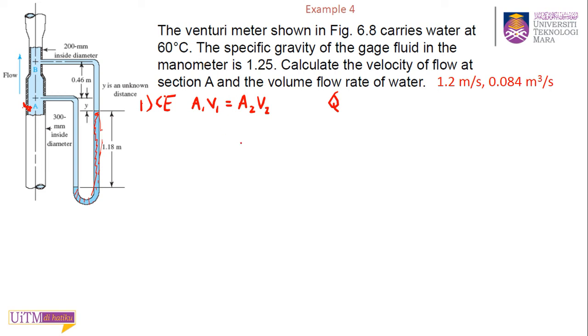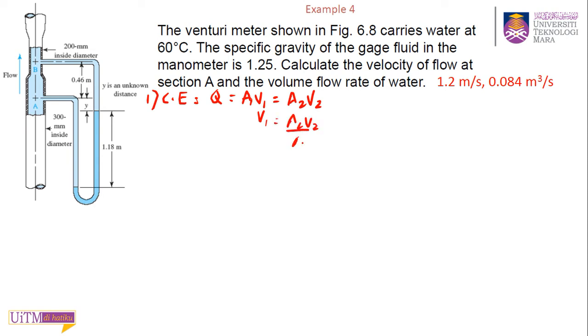So V1 equals A2 times V2 over A1. This is the first equation. Allah, dia tekan ni dia padam. Satu CE, continuity equation, Q equals A1 V1 equals A2 V2, so V1 equals A2 V2 over A1.